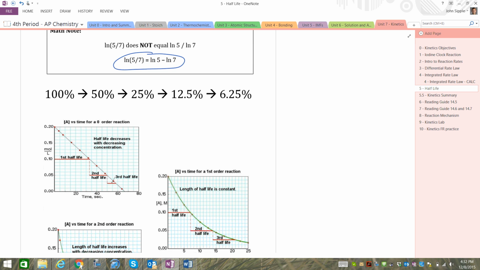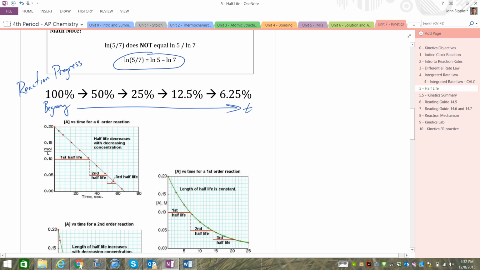Okay, you'll notice here this is a reaction progress. I'm just putting this up here in general. We start at the beginning, which is 100%, and as the reaction goes towards its end, we're looking at the percent reactant.